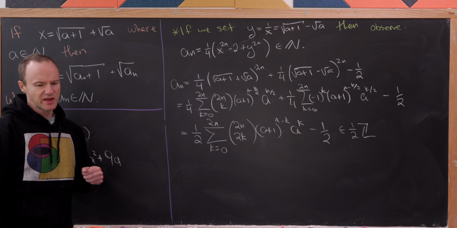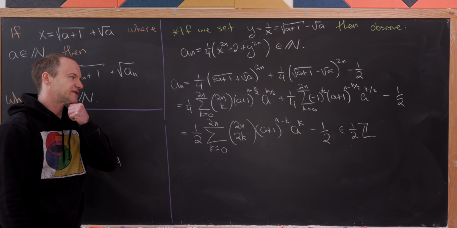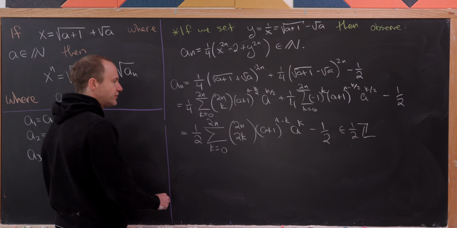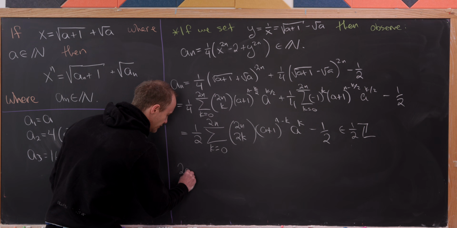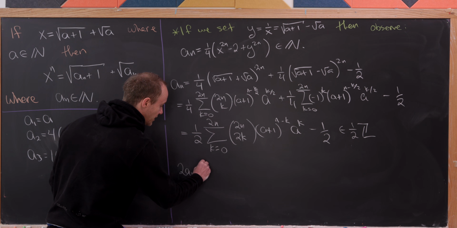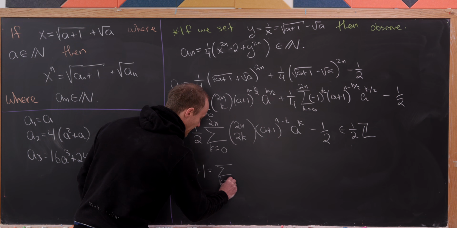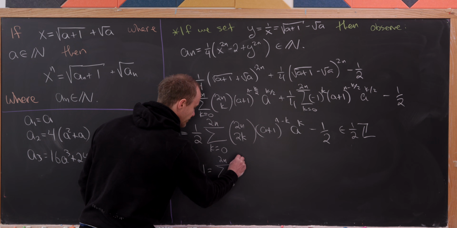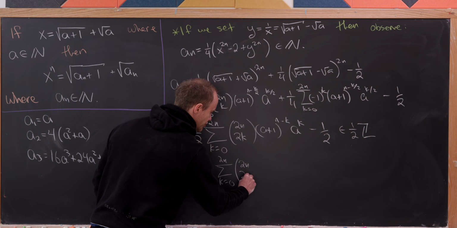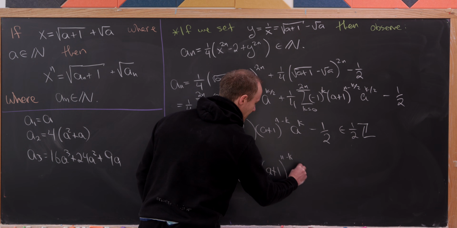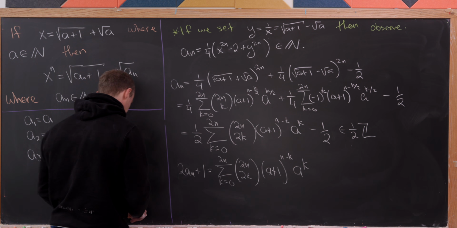That being said, I think a good strategy here would be to solve this for the big sum. So if we were to do that, we'd get the following. Notice that 2 times a sub n plus 1 is going to be equal to this sum as k goes from 0 to n of 2n choose 2k, and then we have a plus 1 to the n minus k, and then a to the k.